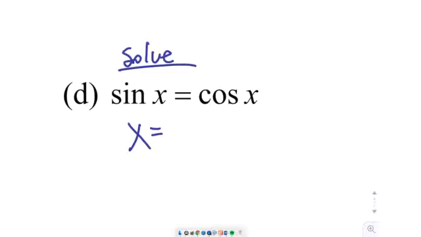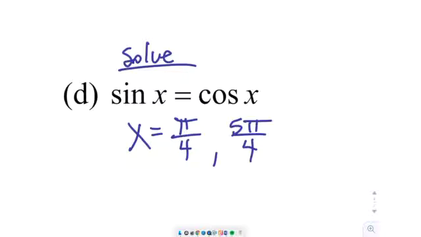Pi fourths, good, because at pi fourths, they're both square root of 2 over 2. Anywhere else? 5 pi fourths. At 5 pi fourths, they're both negative square root of 2 over 2. Very good. Those are the two solutions.